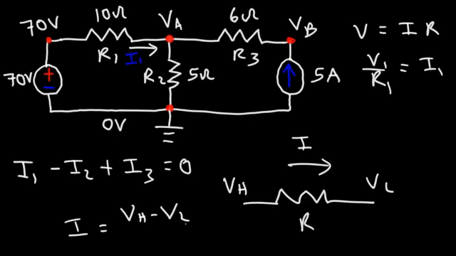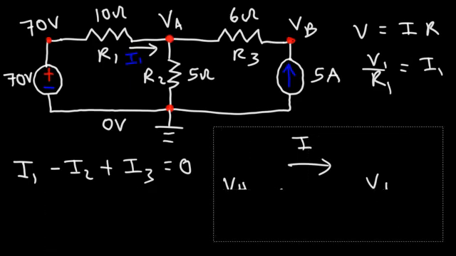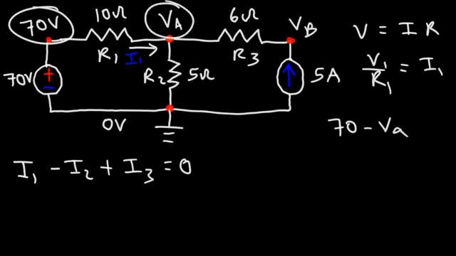That's the voltage across that resistor divided by R. So in this case, to calculate V1, that's going to be 70 minus VA, because the current is flowing from a potential of 70 volts to an electric potential of VA. The current will always flow from a high electric potential to a low electric potential. It's always going to work out that way.